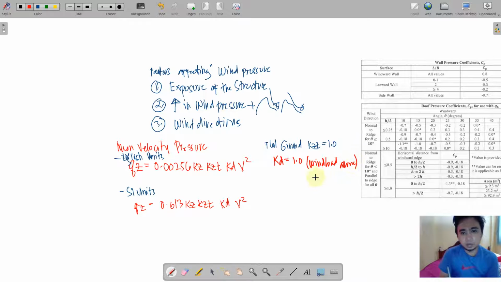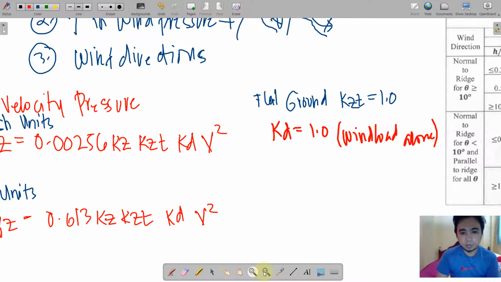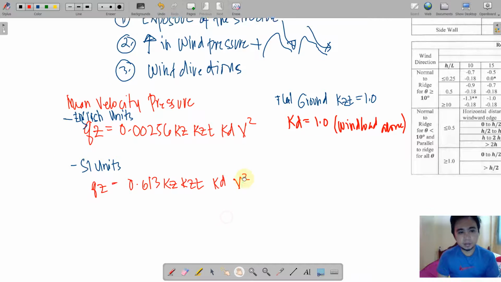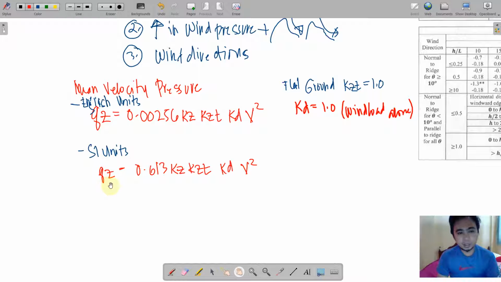Okay? So hindi na natin i-combine yan sa ibang load combination like earthquake load or live load or dead load. Then KD is equal to 1. Otherwise, we will go back to that table. Okay, so SI units as well has values for that.